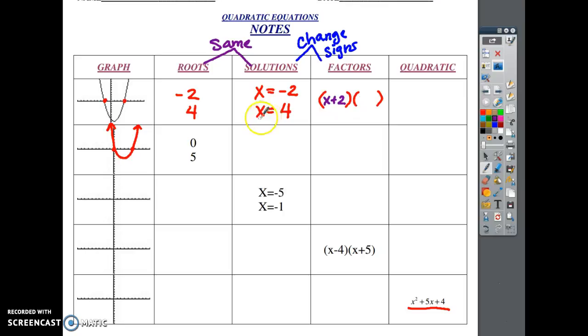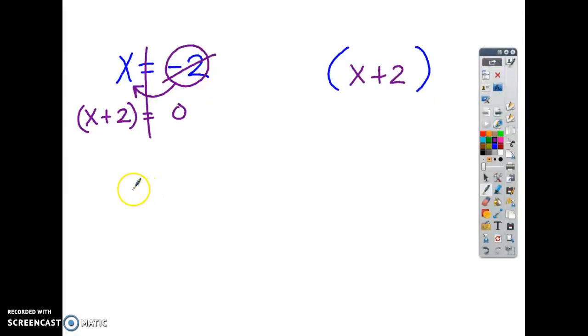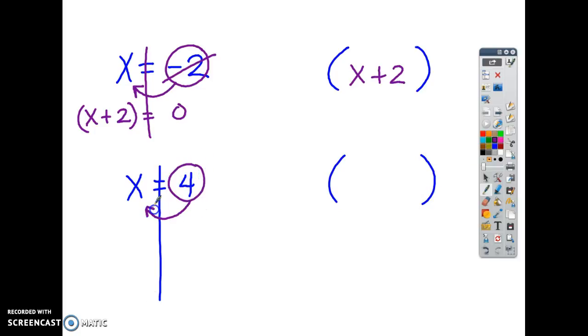So what do you think the other factor is going to be if the number is positive when you move it over? It's going to be x minus 4. You just change the sign. So let's look at how that works. If you have x equals +4, and I want it to look like this, then I have to move the 4 to the other side and change the sign.